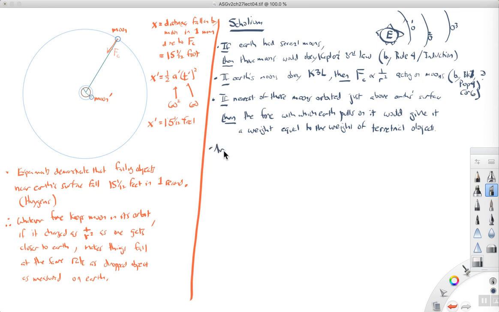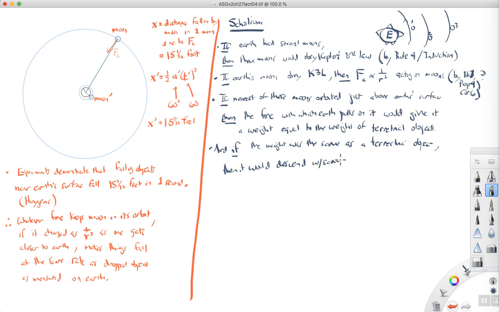And if, he says, the weight was the same as a terrestrial object like a rock, then it would descend with the same speed as a dropped object if deprived of its orbital motion.